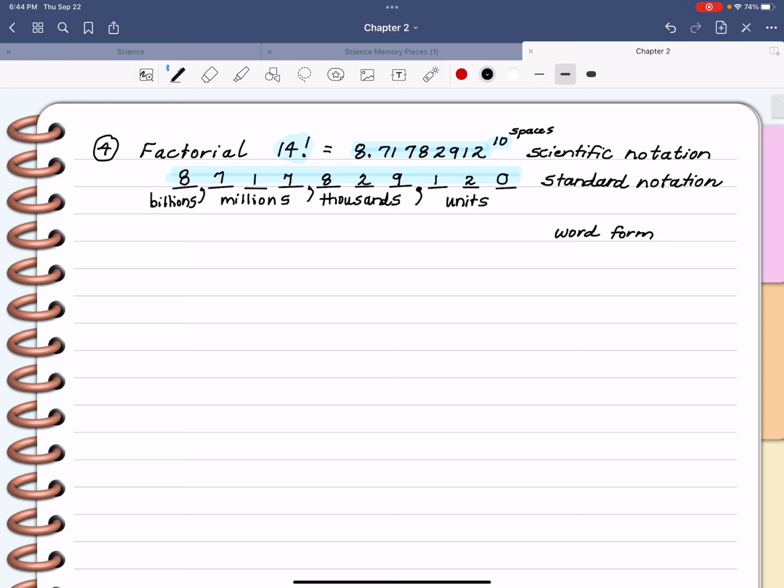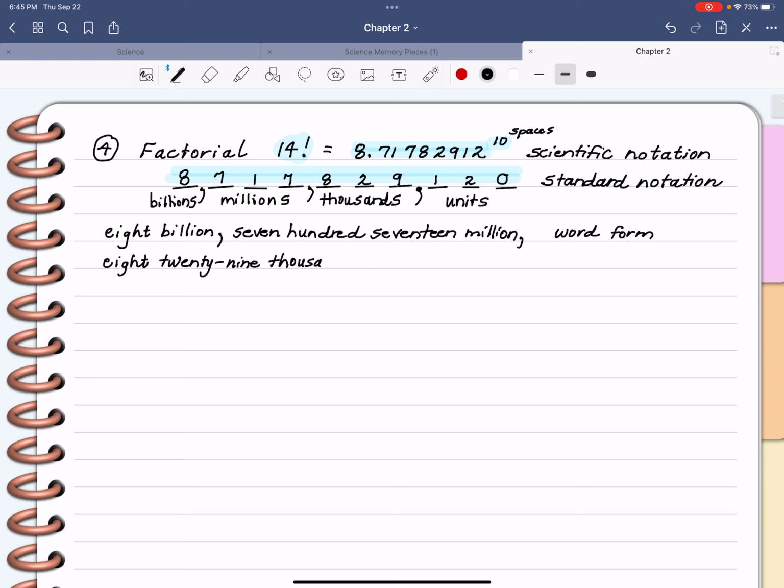And that would say 8 billion, comma, 717 million, comma, 829,000, comma, 120.